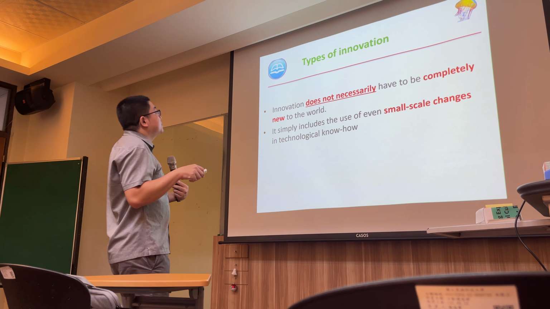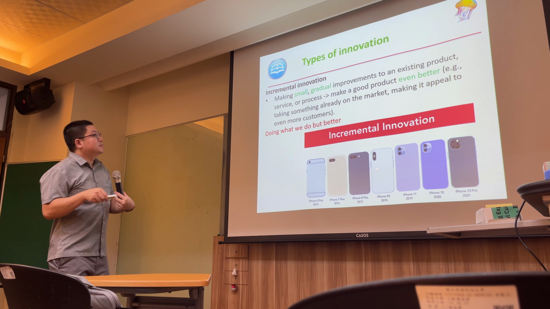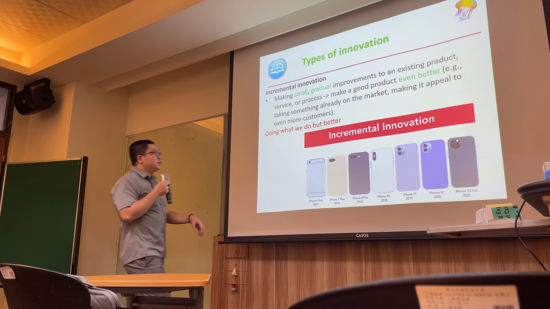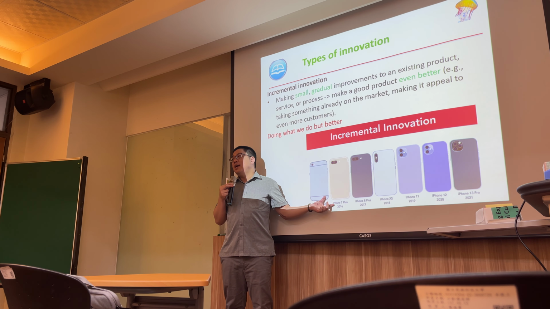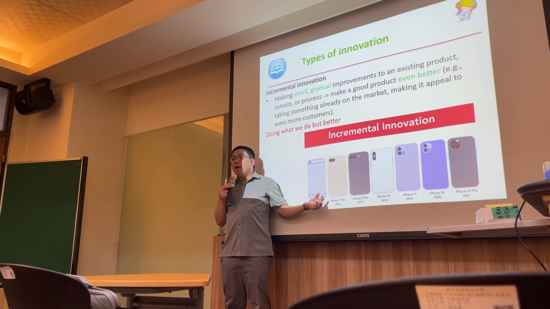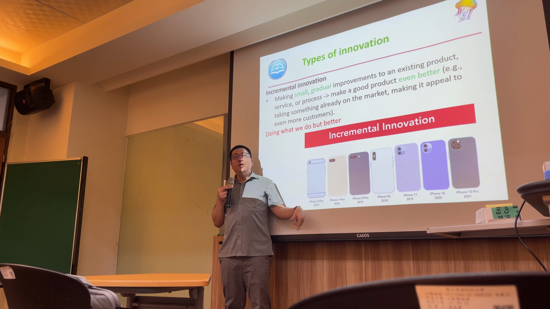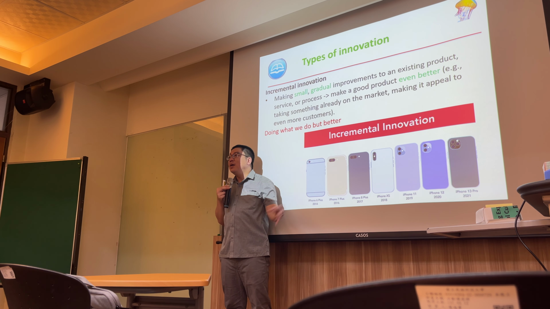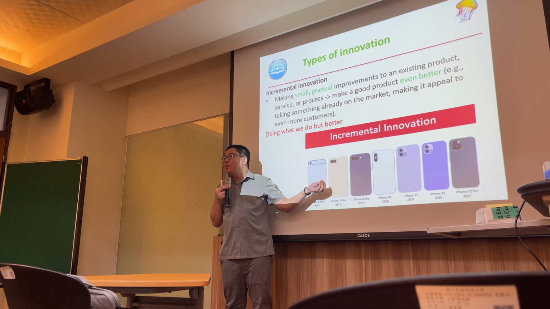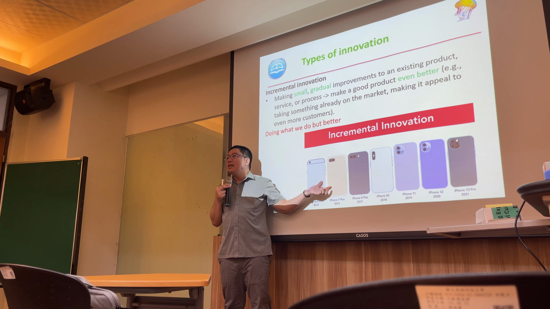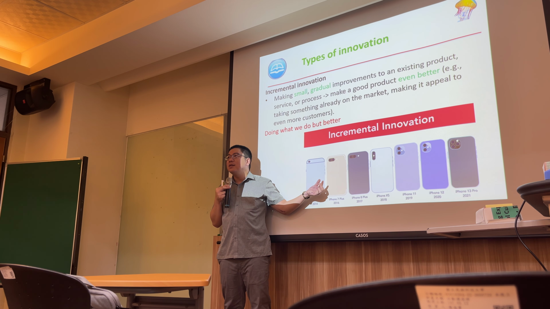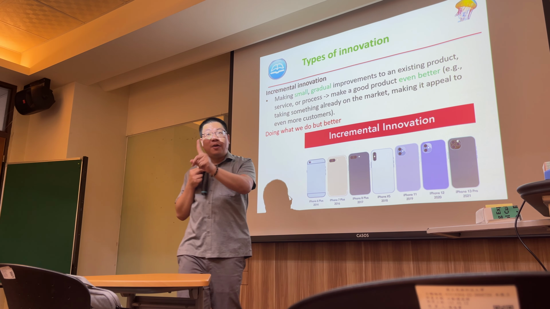Look at here, you know the latest is also an iPhone, right? You don't change the core product, you don't change the market. You serve the current market, but you make it better. So we call it incremental innovation.